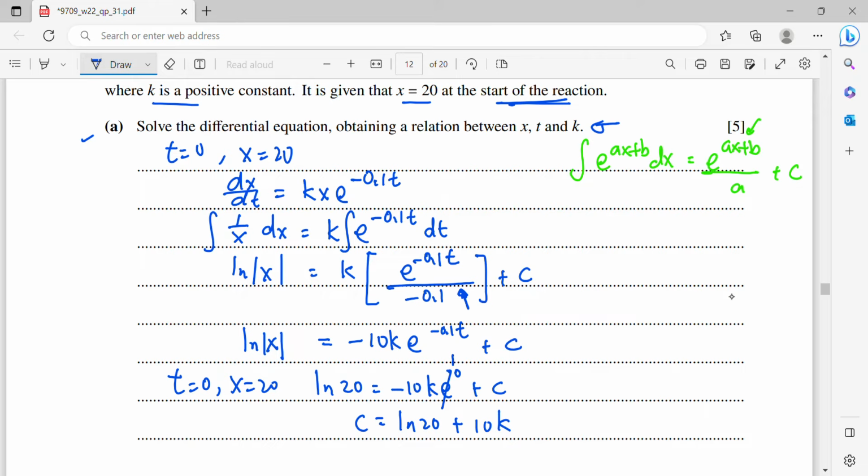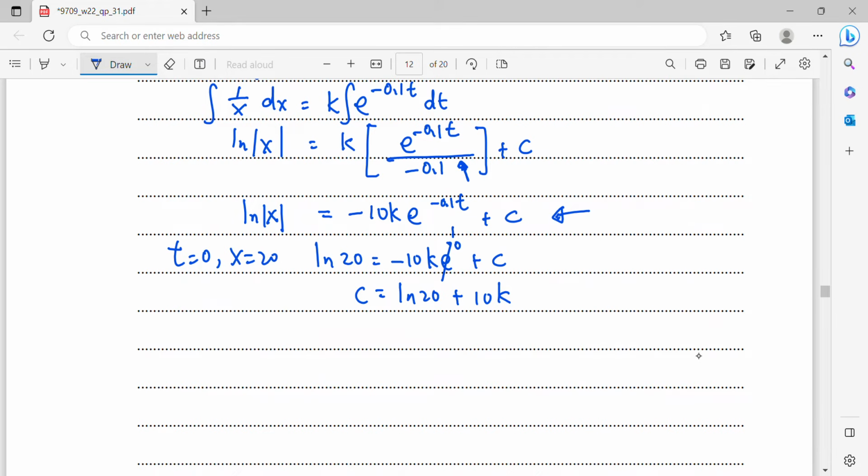So after you found the c, substitute into this equation, then you'll be getting the final answer. So ln x is negative 10k e negative 0.1 t plus ln 20 plus 10k.